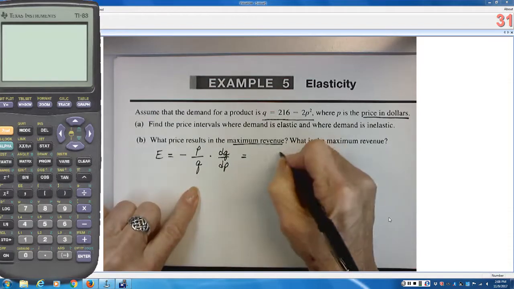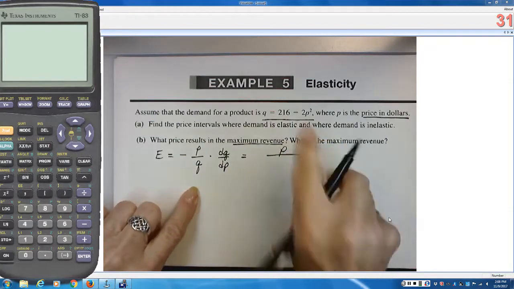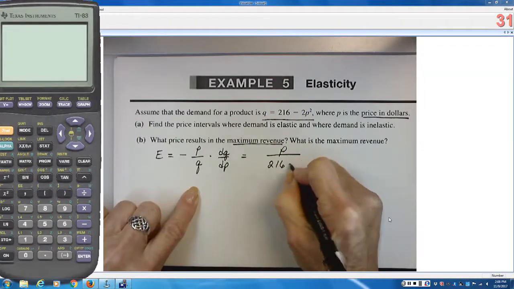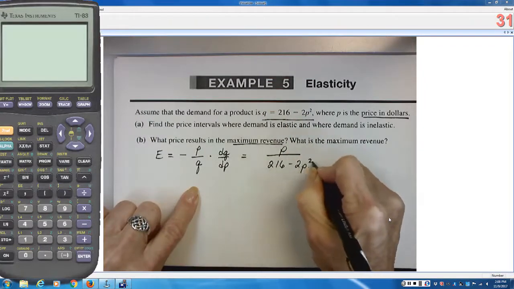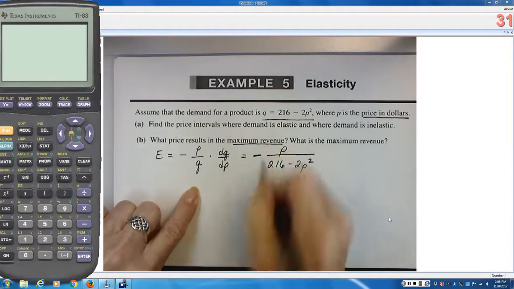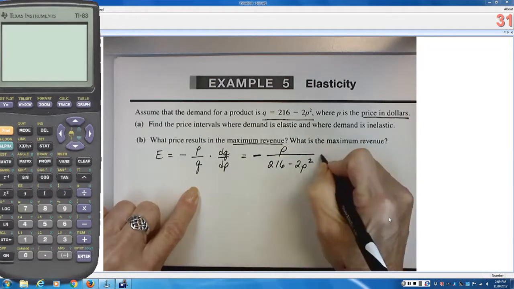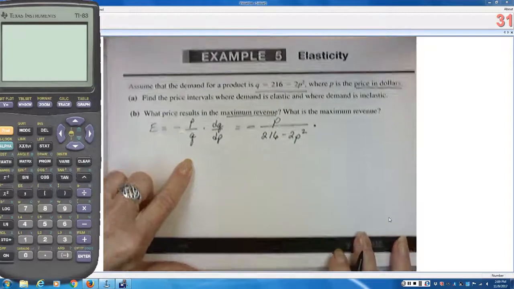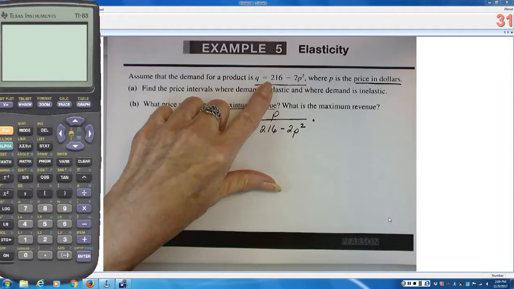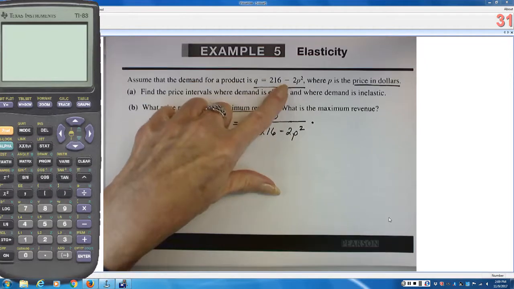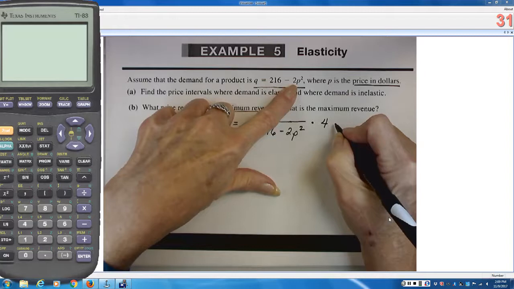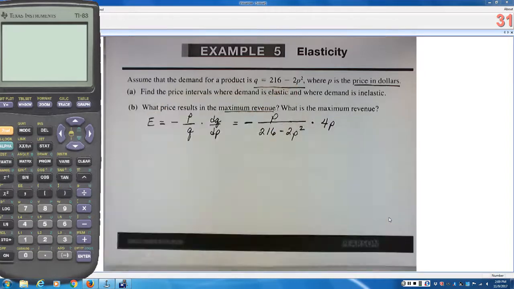So we've got P over, this is the value of Q, and this ratio is always negative, times the derivative of 216 is 0, minus 2 times 2 is 4, and that's times P to the 2 minus 1, so that's just 4P.